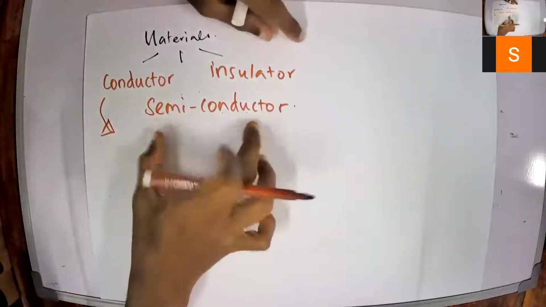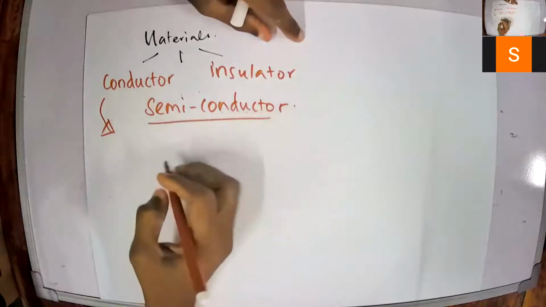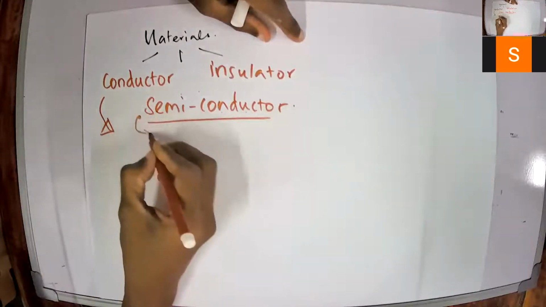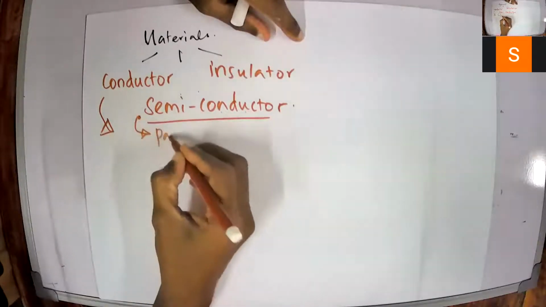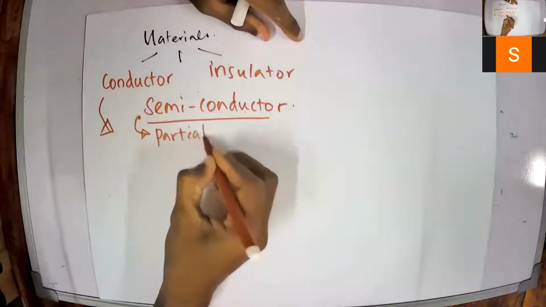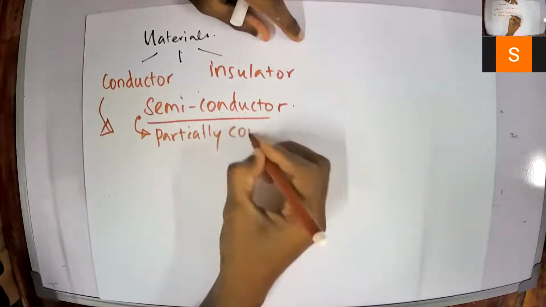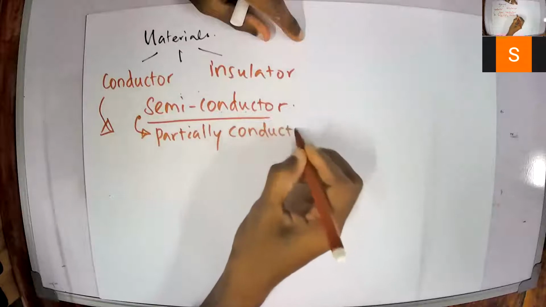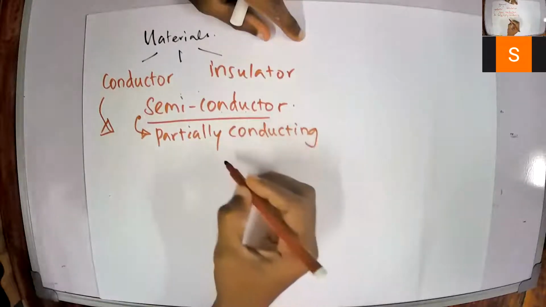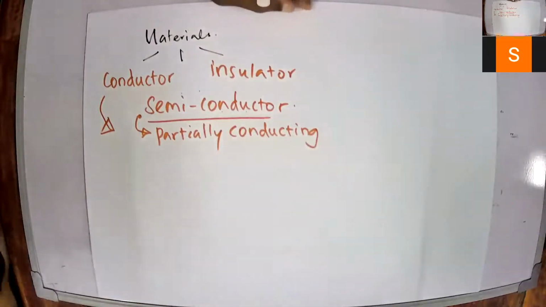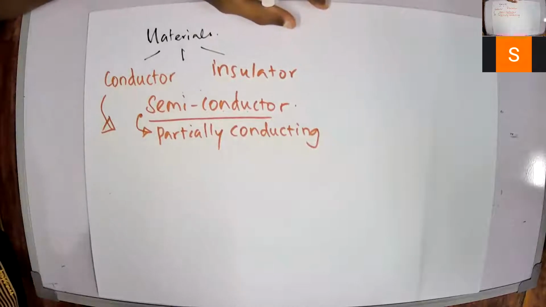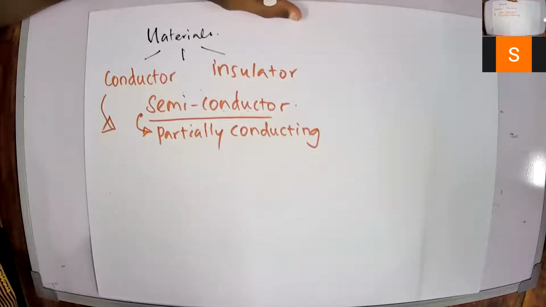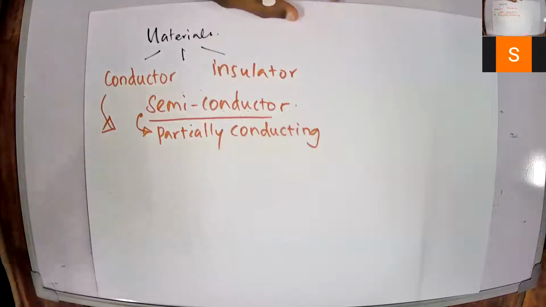Semiconductors are the materials which are partially conducting. They are not good conductors, and at the same time, they are not good insulators.